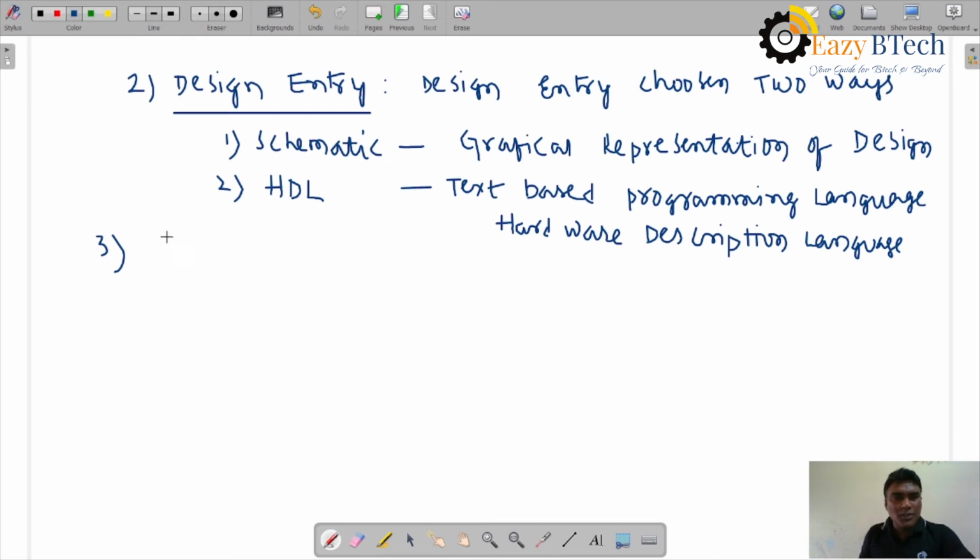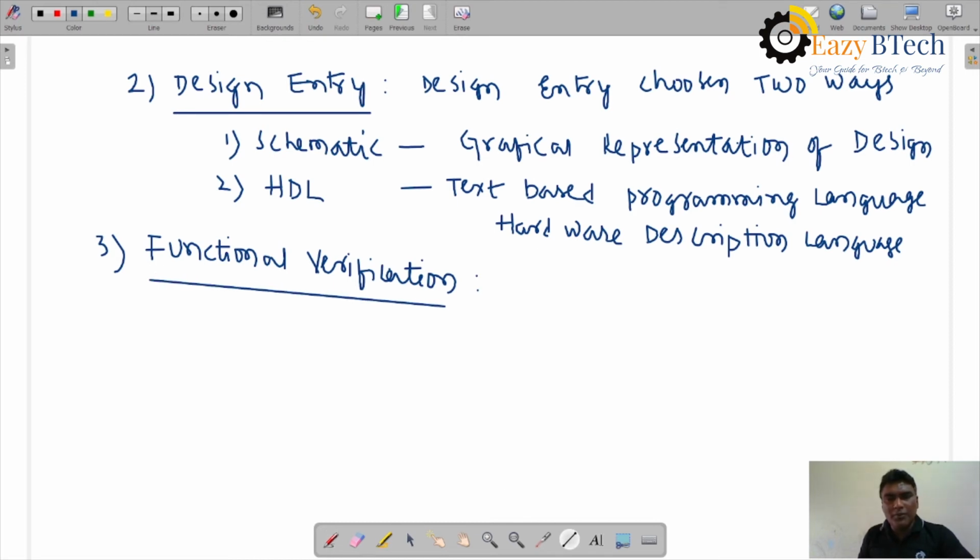Now the third one is functional simulation, or functional verification. In functional verification, we can verify the functionality and logic of the design. The logic of the design should be verified in a functional manner.